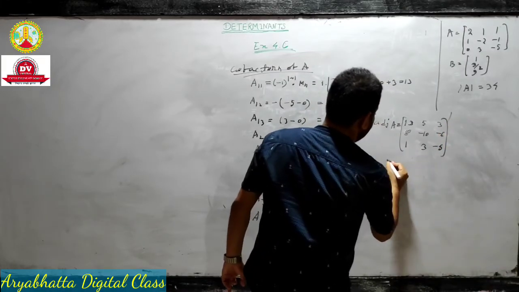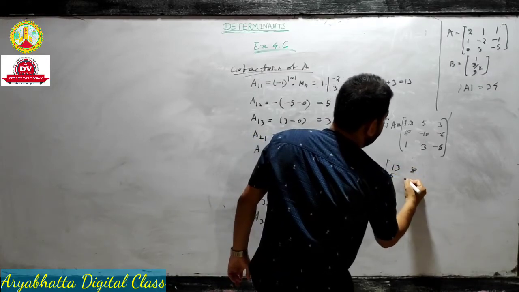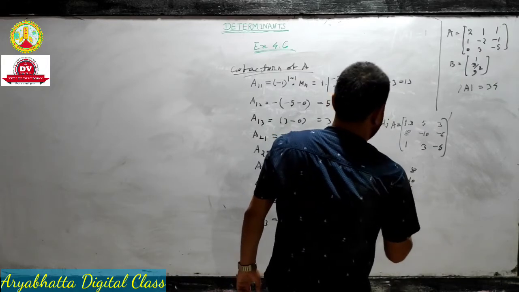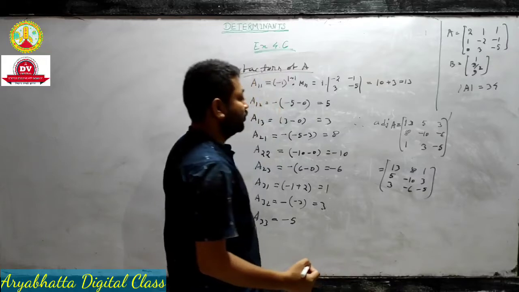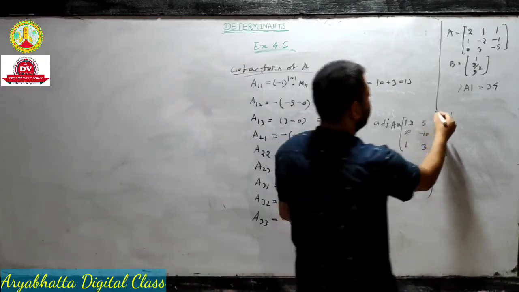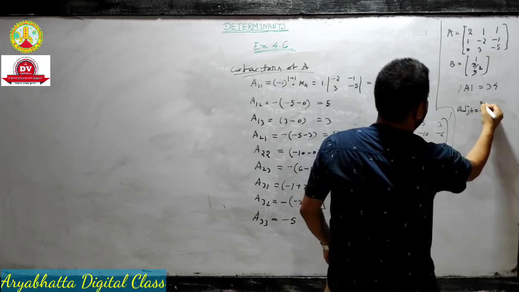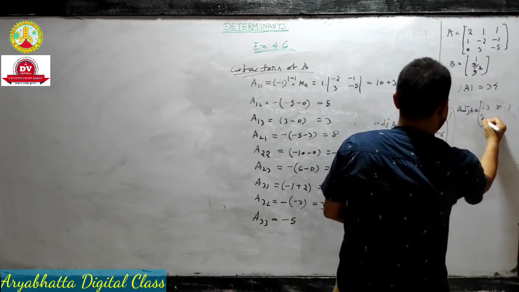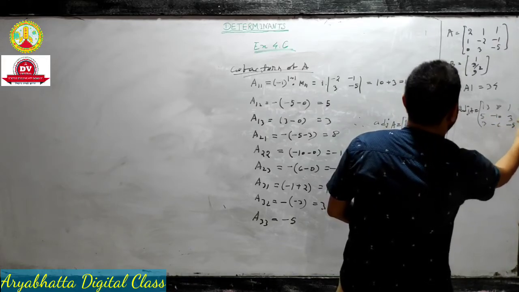Transpose. This is equal to 13, 8, 1, 5, minus 10, 3, 3, minus 6, minus 5. The adjoint of A is equal to this.